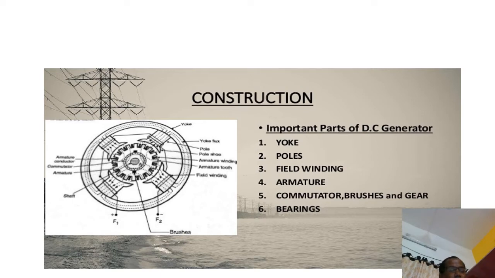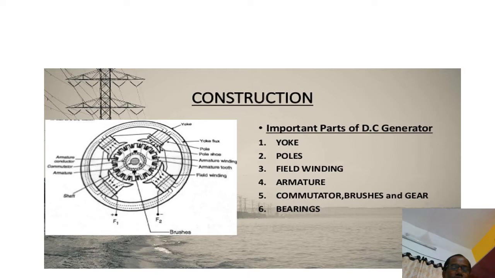Here you can see that in the diagram the outer part is called yoke. The inner parts are stator and rotor. The stator has field coils. So here this is the field pole, field winding, pole shoes, armature, armature winding, commutator.